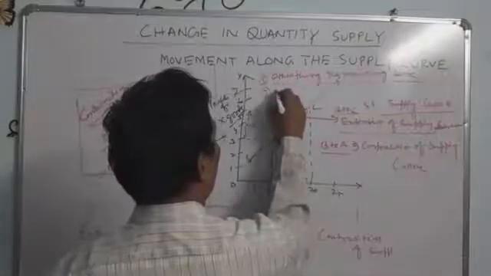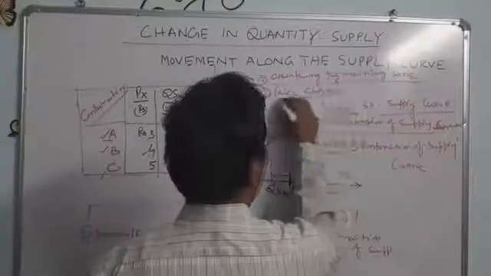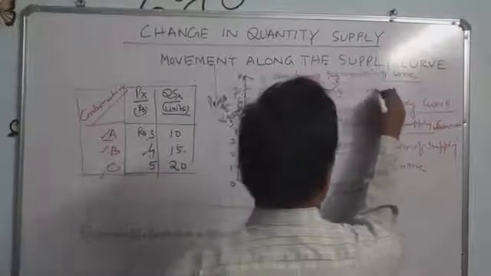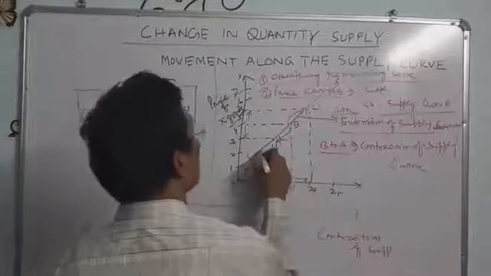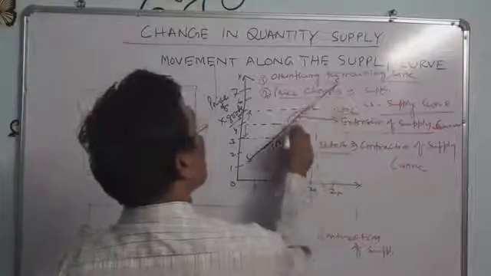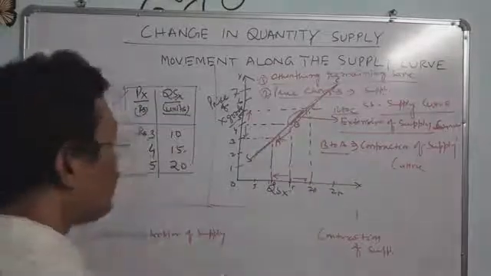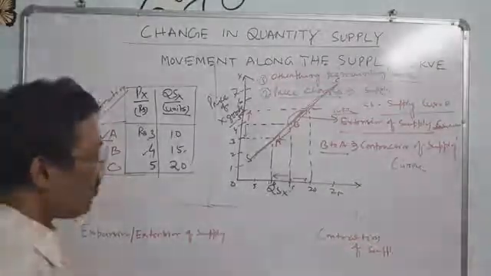Number two, price changes, and when price changes, supply changes. That change in supply which occurs on the same supply curve is called movement along the supply curve, or change in quantity supplied.